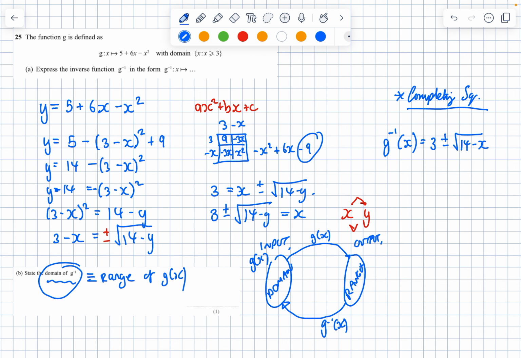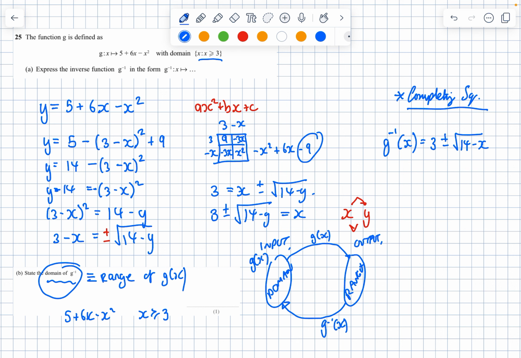Okay, so what's the range of g of x? Well, it says the domain is x is greater or equal to 3. So if I've got 5 plus 6x minus x squared, and x is greater or equal to 3, I've got to work out what that value is.